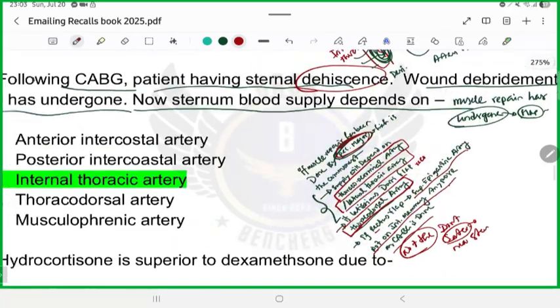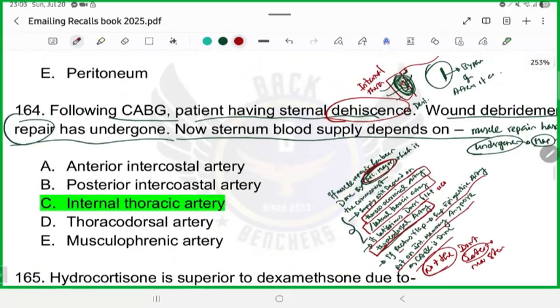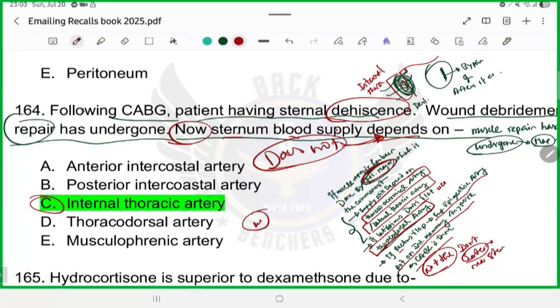So we don't know what the question will be. If they ask on which artery sternum blood supply does not depend, the answer will be the internal thoracic artery. And if the question is what sternum blood supply depends on, remember the flap; if they mention which muscle, you select according to that artery. Just three muscles with three arteries, only these three.